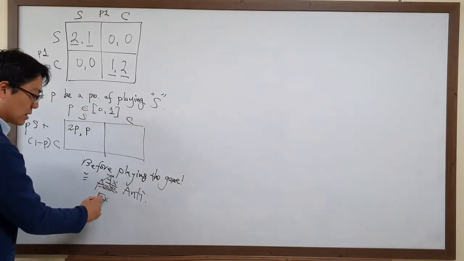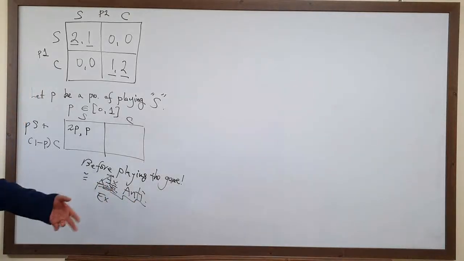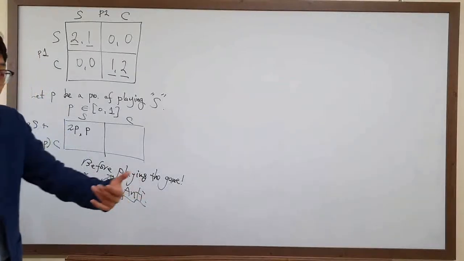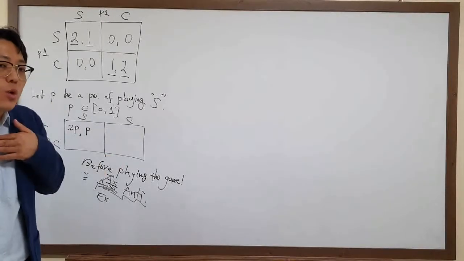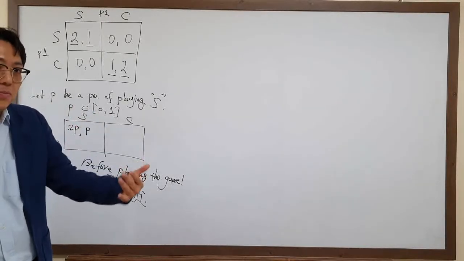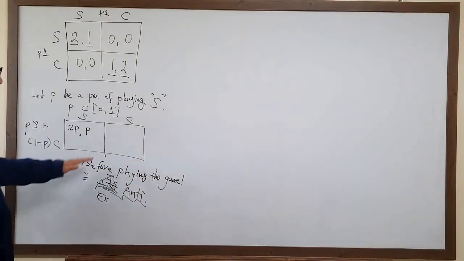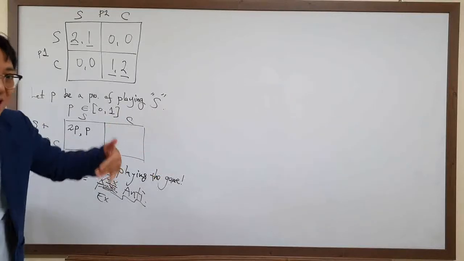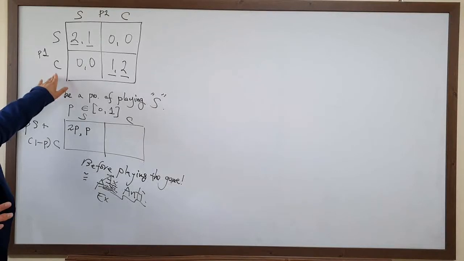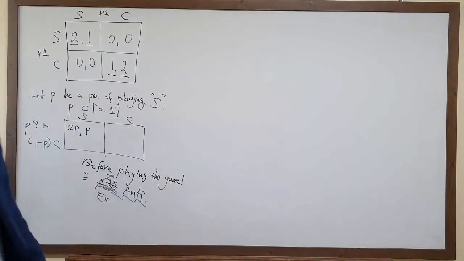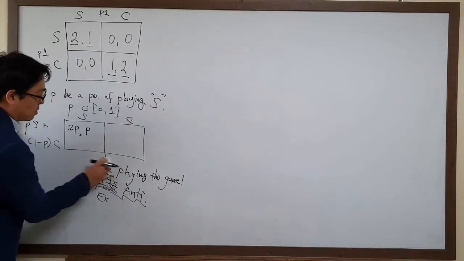We usually call it ex ante. Ex ante means before playing the game, so people do not know the realized outcome. Also, we have ex post. Ex post means after playing the game, after the game is realized. That's different. Before starting the game, ex ante, is the player's expected payout.